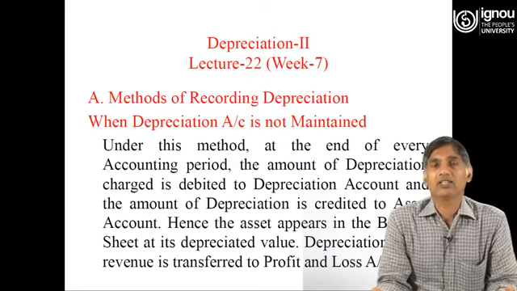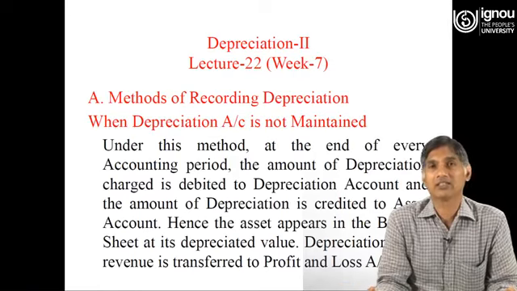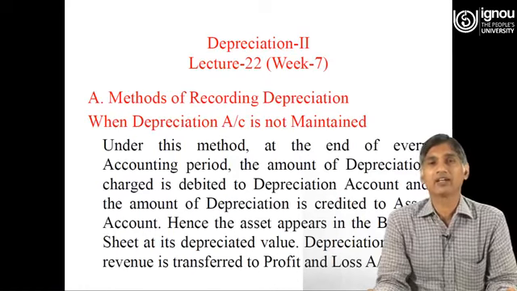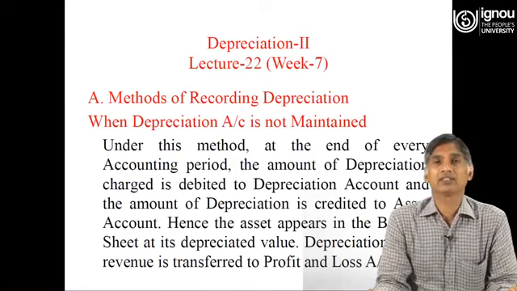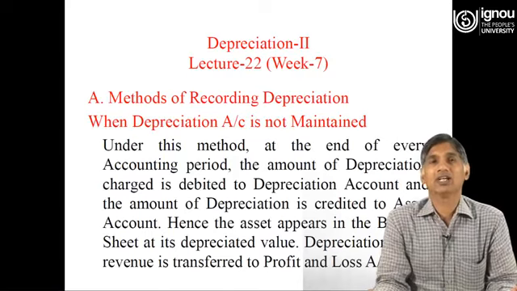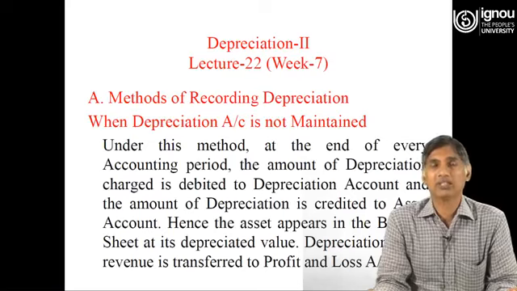So at the end of the first year, the asset will be shown in the balance sheet at its original price, that is rupees 1 lakh, and on the liability side it will be shown as rupees 10,000, that is the accumulated balance of depreciation.